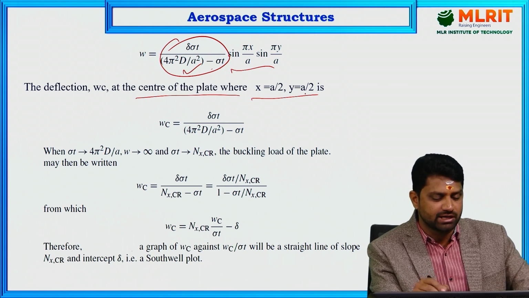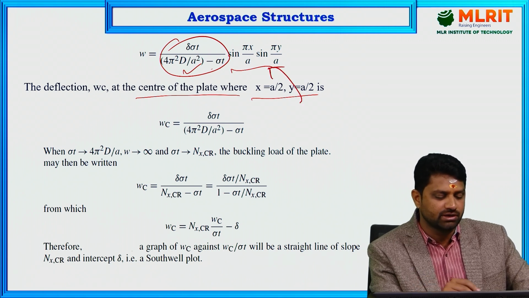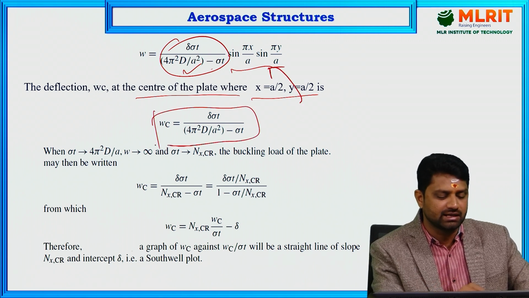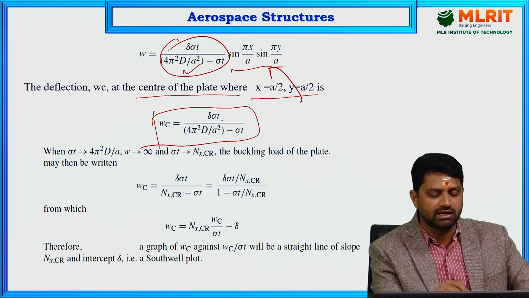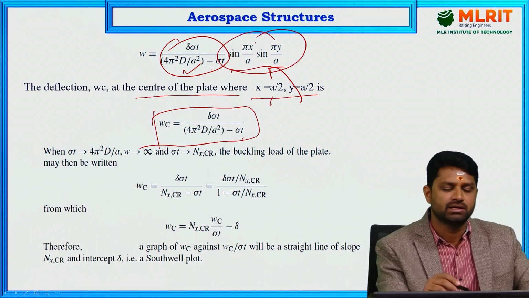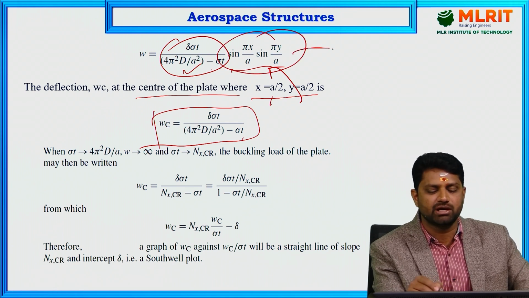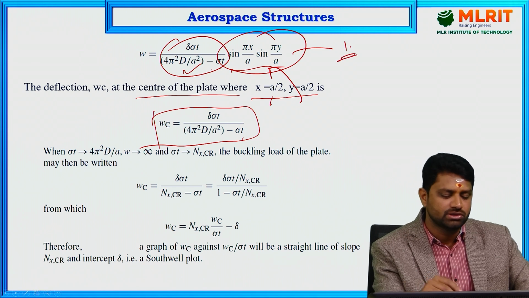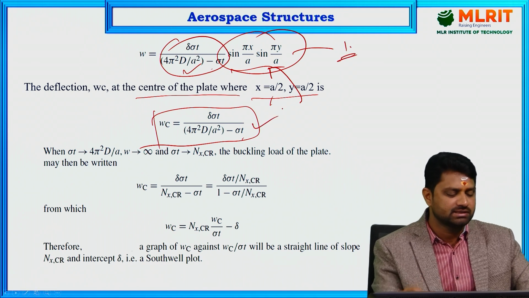When you substitute these conditions, you are going to get the deflection at the center, that is WC equals delta sigma t divided by 4 pi square D by A square minus sigma t, because when you substitute A by 2 or B by 2 you get sine pi by 2 times sine pi by 2, which is equal to 1. So this is the deflection at the center.